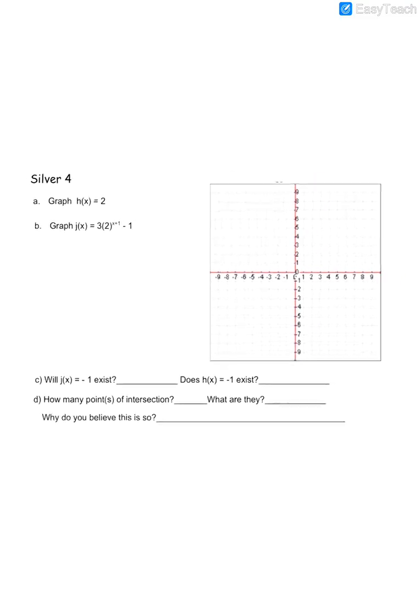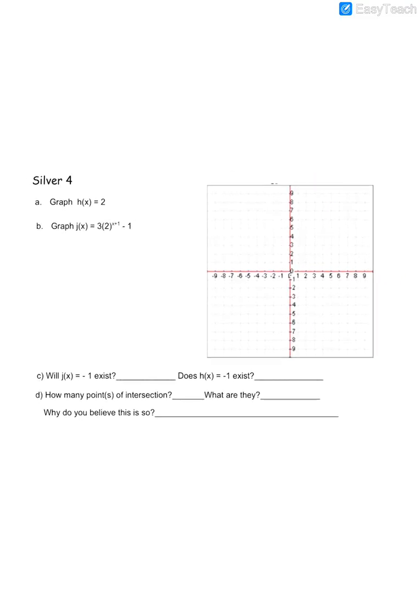All right, h of x equals 2. So this is interesting. It is a line. This is basically saying y equals 2. It's actually a horizontal line. So let's just plug that in my calculator. Let's clear out all I got going on here, and I'm going to write y1 equals 2. And I'm going to generate a table, and everything's 2.